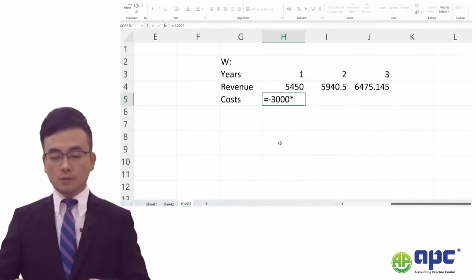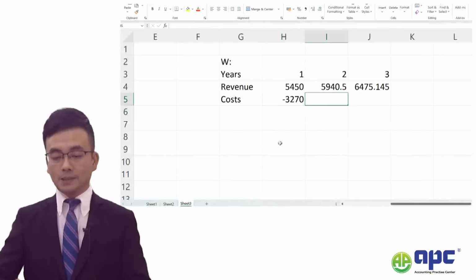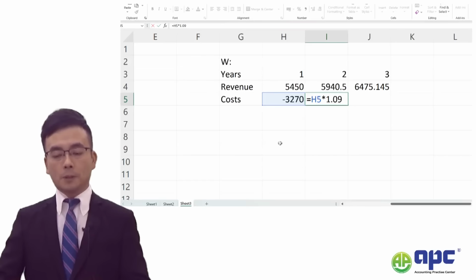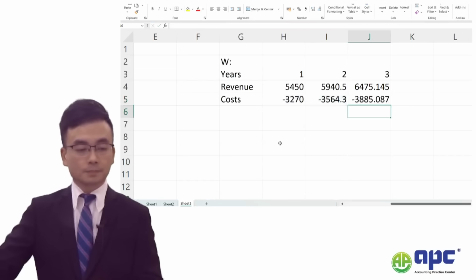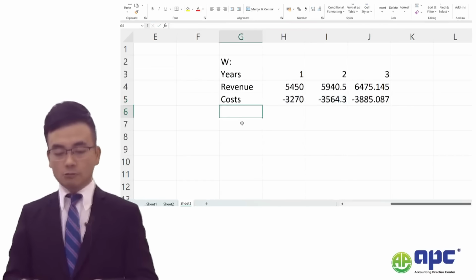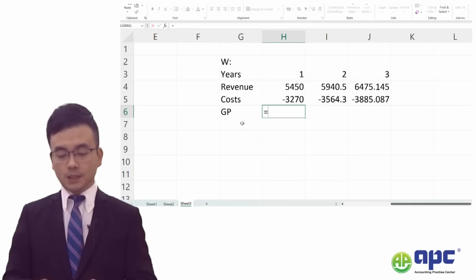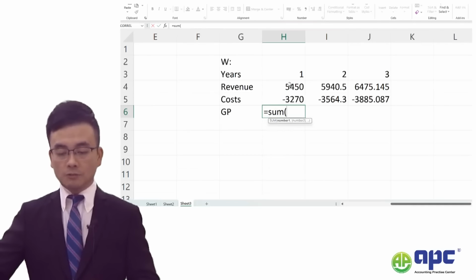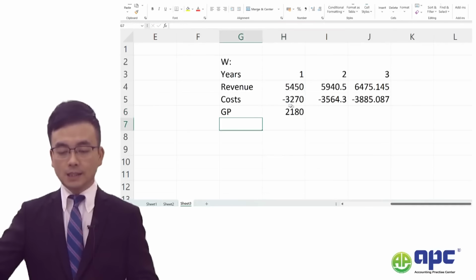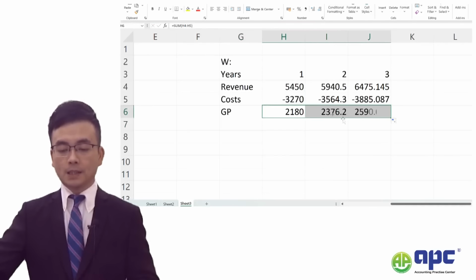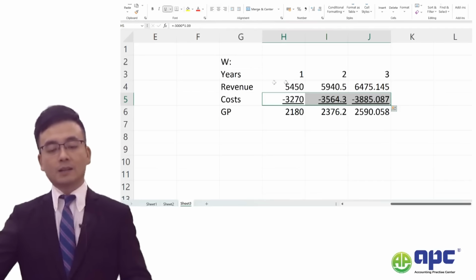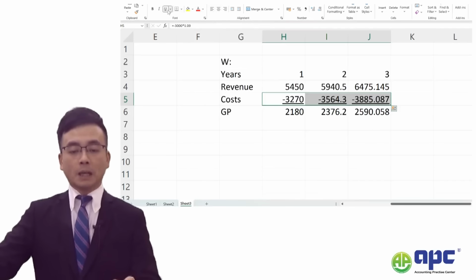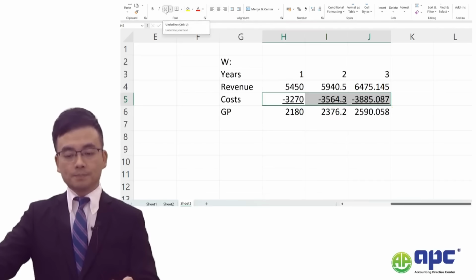And then basing on this figure, times by 1.09 and times by 1.09. That will give me the gross profit, or GP for short. So we sum all of these, enter, and then drag it here. Of course, to make it look better, it's entirely up to you. I like to underline it by clicking the U button.